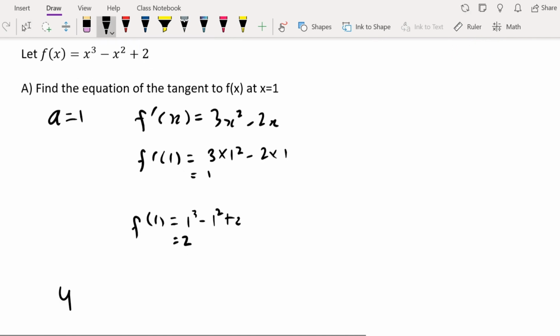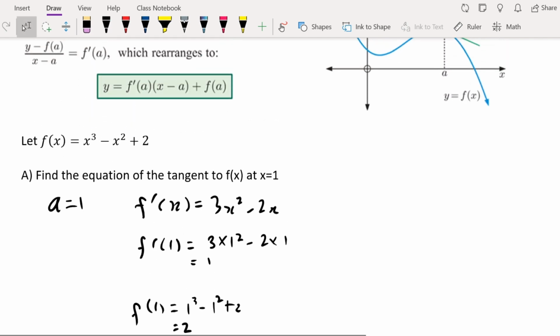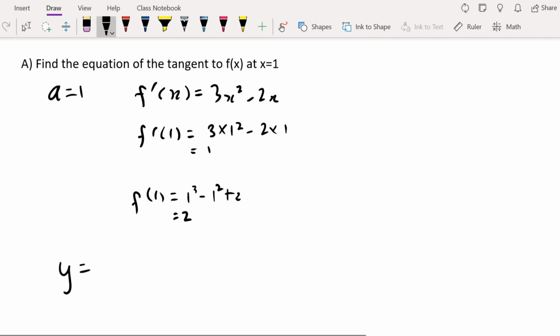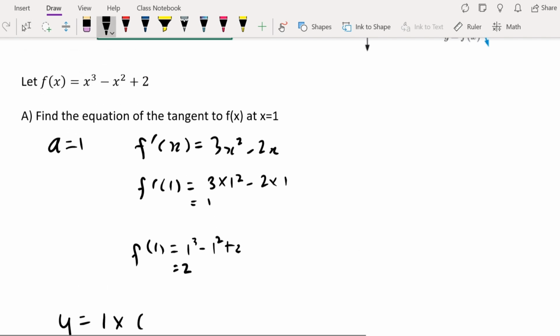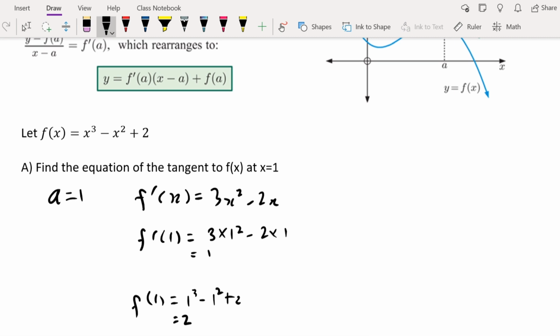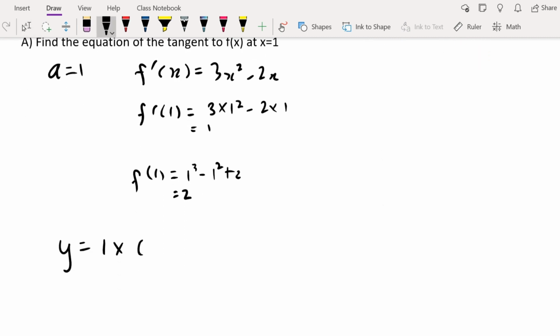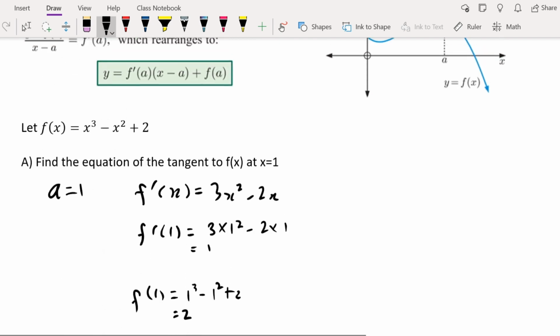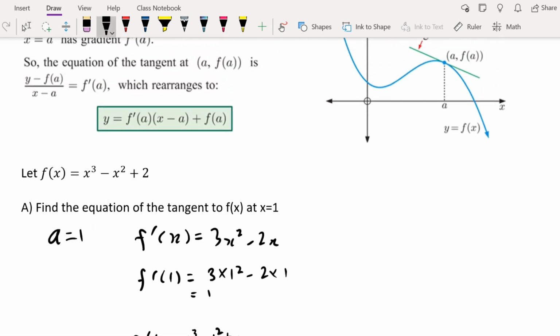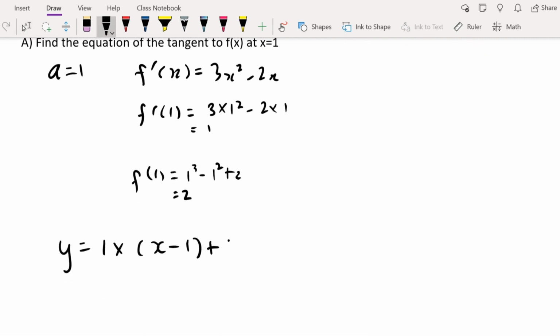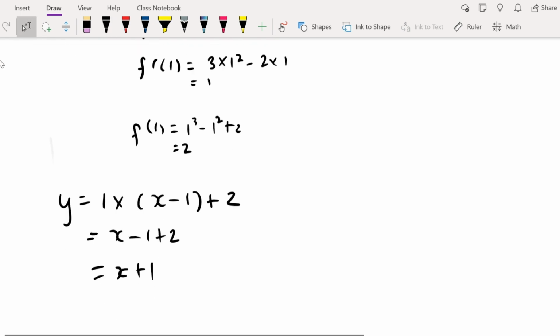So y equals f dash of a, which was 1, times x minus a, so that's x minus 1, plus f of a, which is 2. So this is x minus 1 plus 2, or in other words, x plus 1.